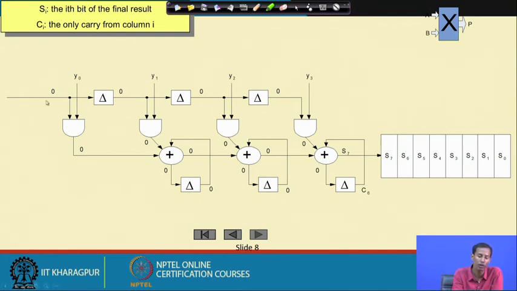So, at that time what will be the input sequence of x0? That will be x0, x1, x2, x3, then 0, 0, 0, 0. So, that is the input sequence for x0 for this particular case.